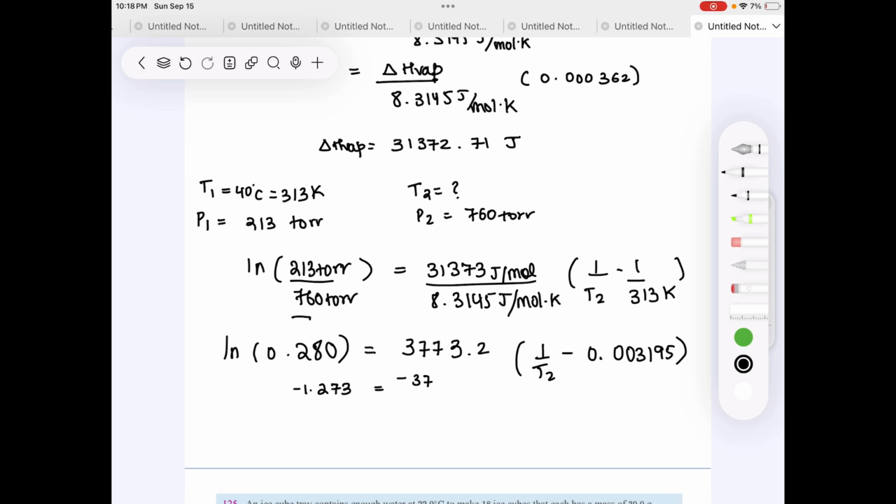Let's multiply these values. We get 3773.2 over T2 equal to 10.785.